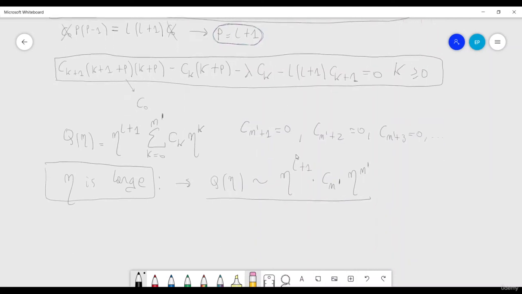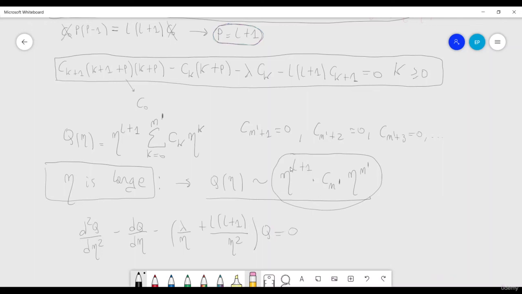that we can plug into the differential equation. And now let me rewrite it here below. The differential equation for q is d squared q over d eta squared minus dq over d eta minus lambda over eta plus L times L plus 1 divided by eta squared times q equal to 0.